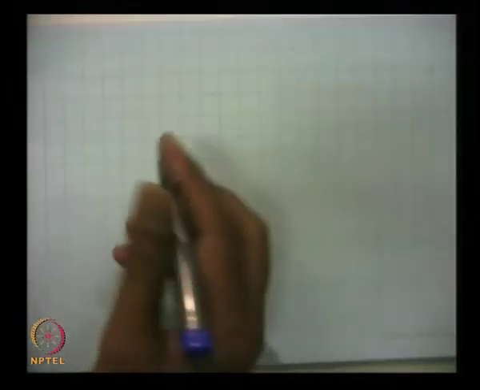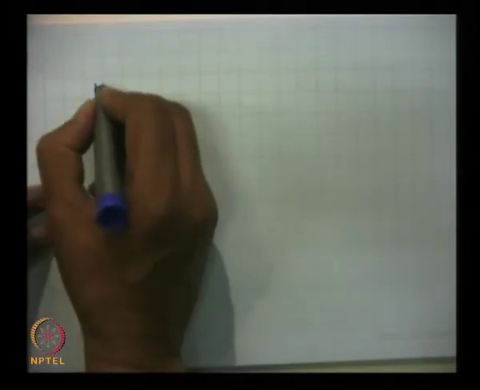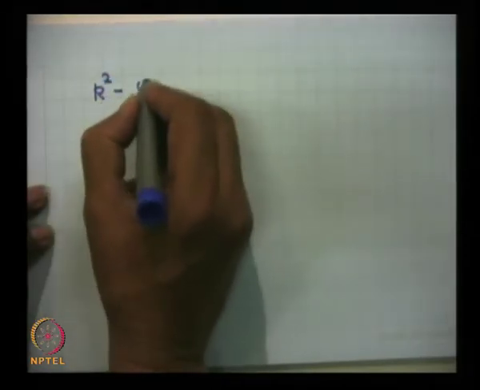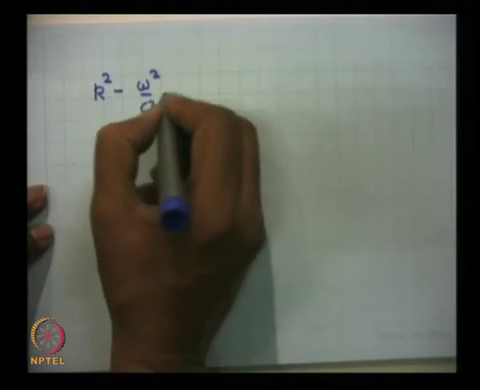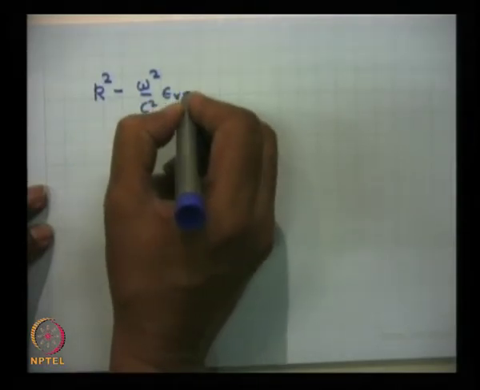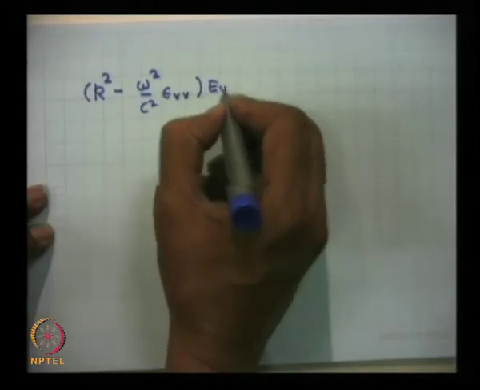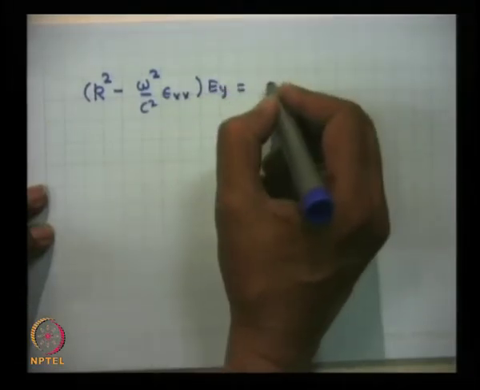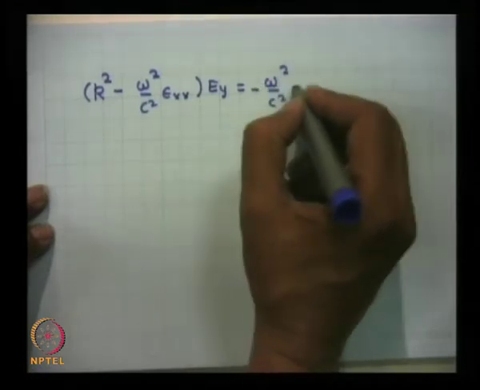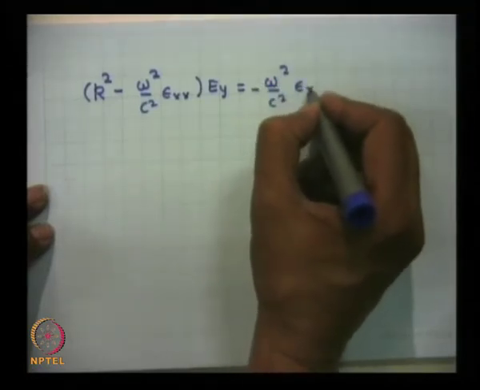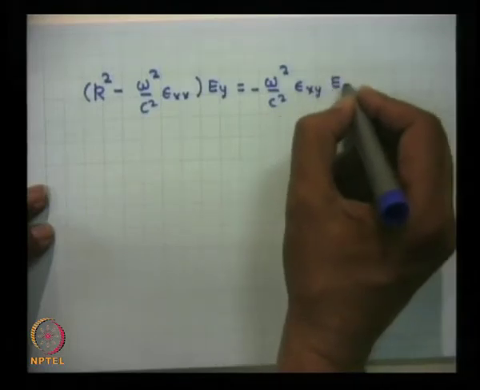So, this equation becomes k square minus omega square by c square epsilon xx, Ey, is equal to omega square by c square with a negative sign, epsilon xy into Ex.